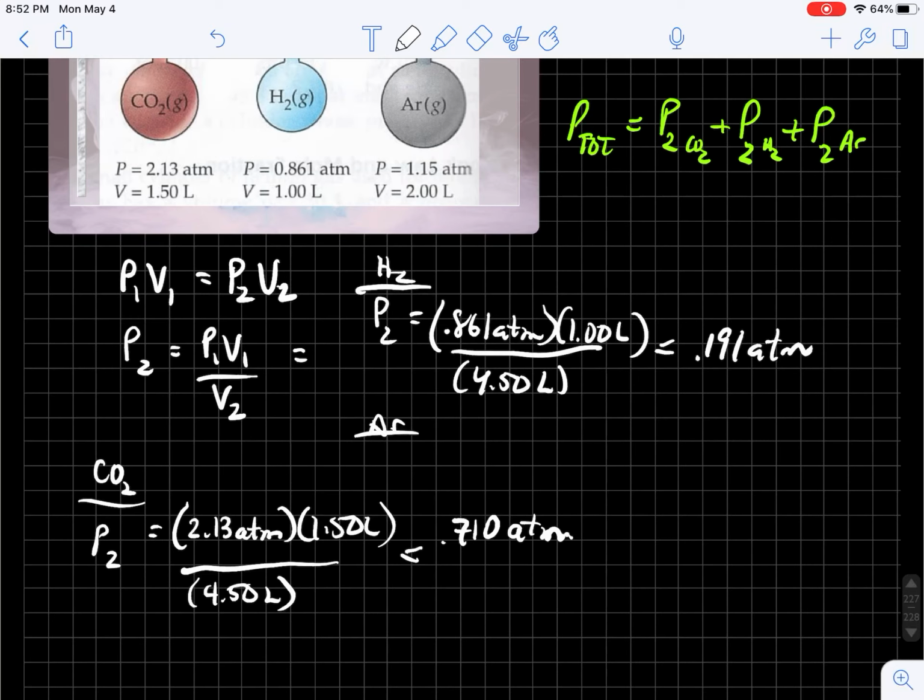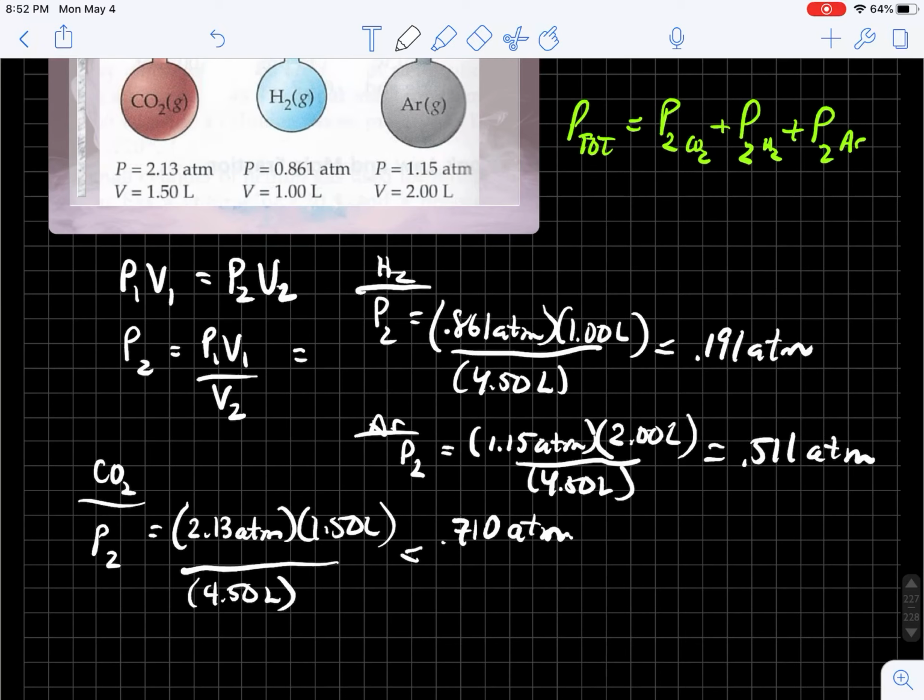And then we're going to do, finally, the same thing for argon. The new pressure for argon, its original container, 2 liters, and divide that by 4.50 liters. So yeah, when we open up that valve, all the pressures do drop, but they don't drop equally, and we have to account for that before we add them together.